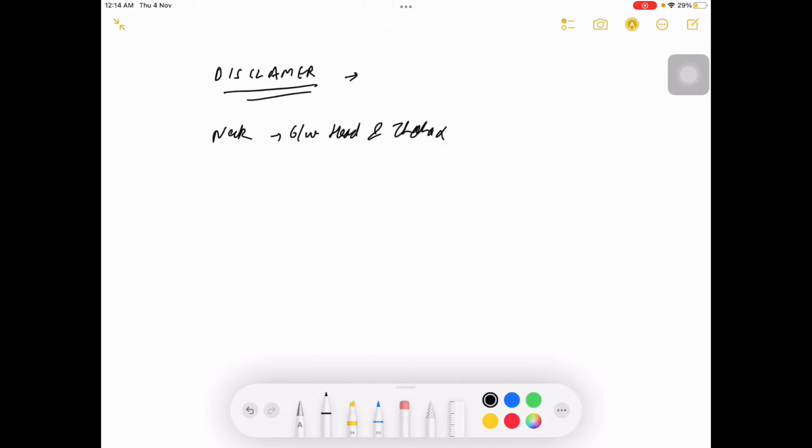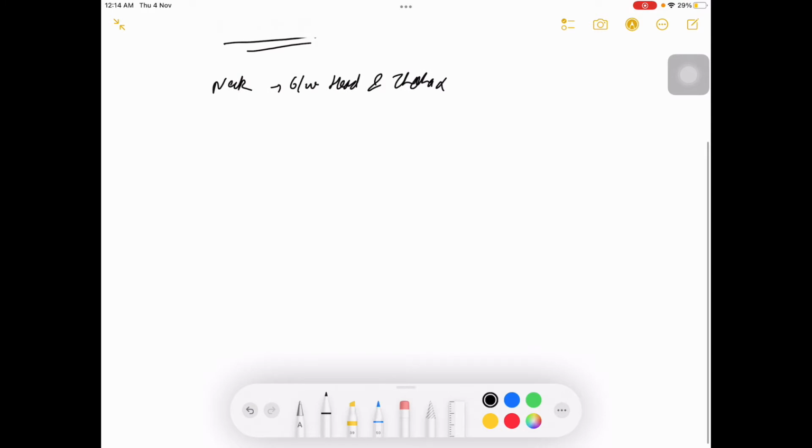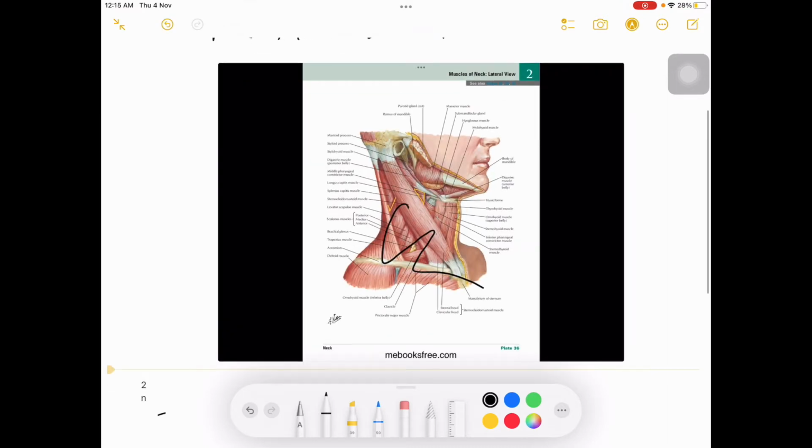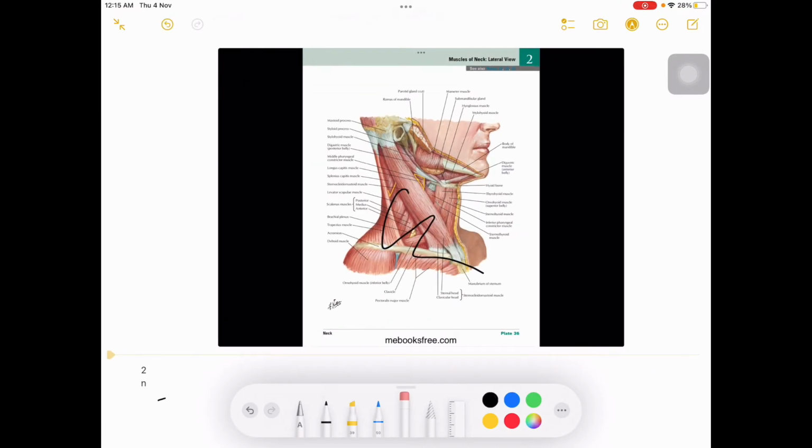Now we need to know about its boundaries. For that, I'll just add a pic for you. So here we have the pic of the neck.